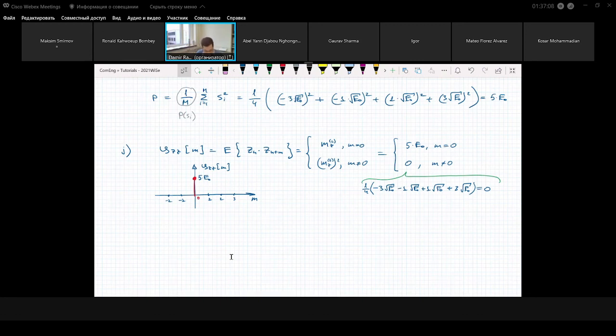So finally, we have K and L. For K, in the lecture it will be shown that the autocorrelation function can be found from the discrete version.